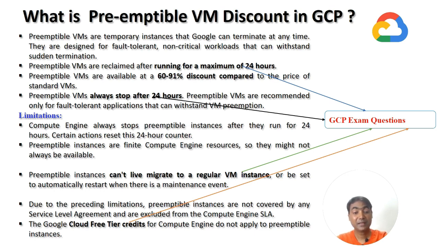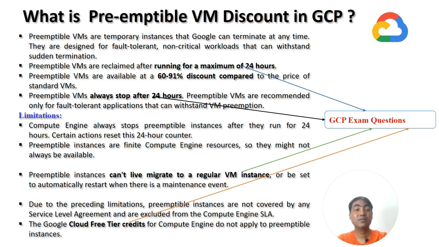Preemptible VMs are temporary VMs and they can be terminated by Google at any time. They are reclaimed after running for a maximum of 24 hours. Preemptible VMs are priced much lower than standard and non-preemptible VMs. Preemptible VMs are suitable for workloads that can tolerate interruption and are designed with fault tolerance in mind.